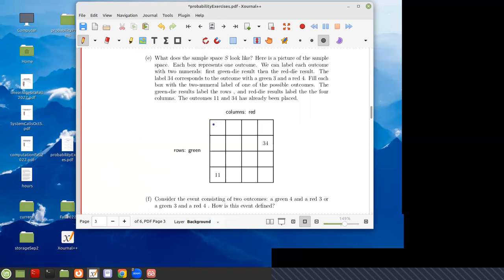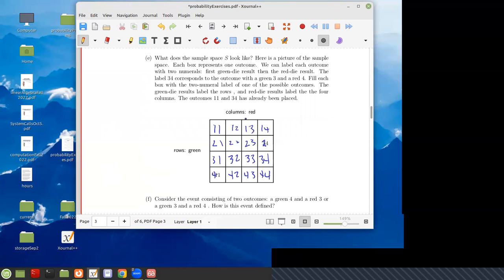This is going to be 1,1, 1,2, 1,3, 1,4, 2,1, 2,2, 2,3, 2,4, 3,1, 3,2, 3,3, 3,4, and then 4,1, 4,2, 4,3, 4,4.